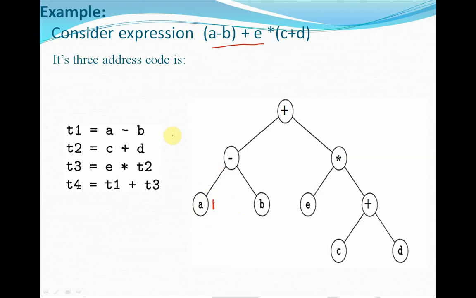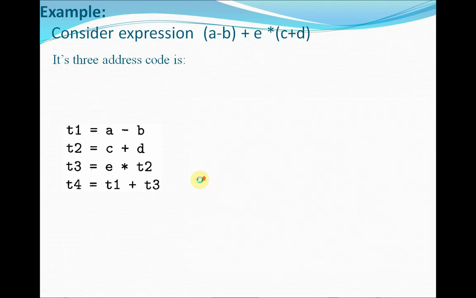Like this we have to compute the label for each and every node, and finally we will compute the minimum number of registers required to translate the total expression into target code. So accordingly we will follow.